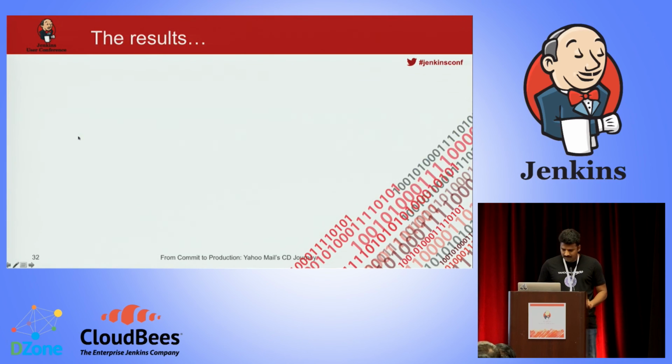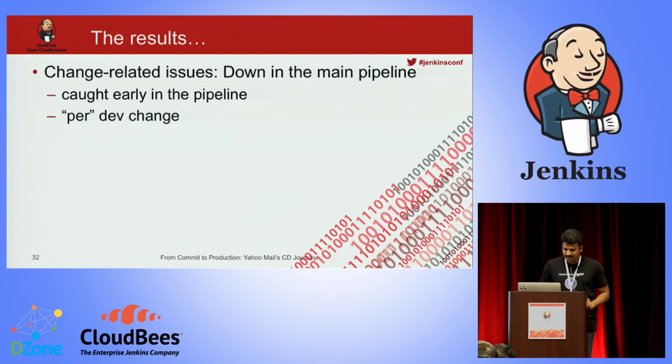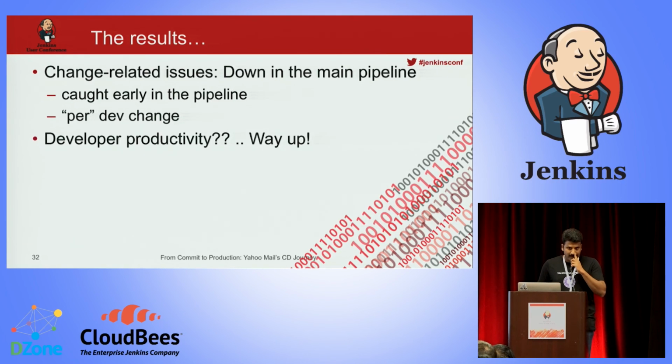Coming to the results, change-related issues in the main pipeline are down, definitely, because we are catching them early in the pre-commit or diff testing stage, and it's all per developer change. So it was very good results. Developer productivity is definitely way up. The feedback from developers is, nice, I'm getting instant feedback now.